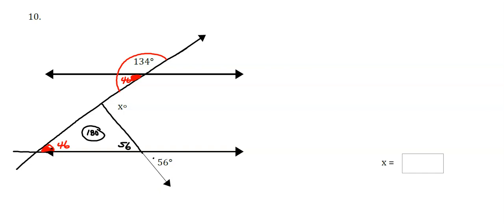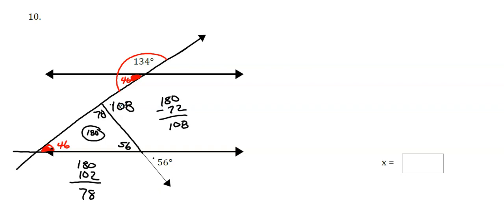So far, I'm at 102. Subtracting the 102 from 180, I get 78, which is here. And then these two form a linear pair. So I'm going to just undo what I just did, 180 minus 72, and I get 108 that way.